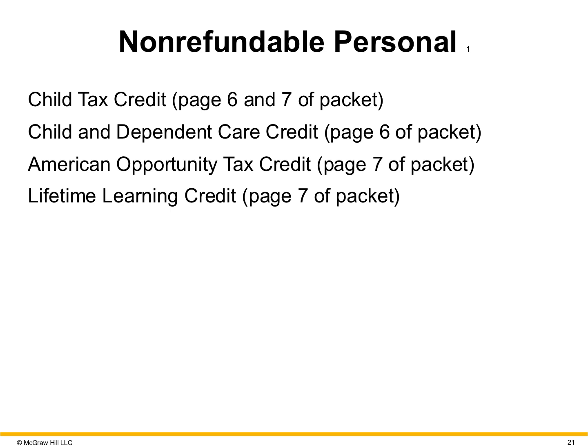The first example of a non-refundable personal credit is the child tax credit. Information for this credit can be found on page 6 and 7 of your tax rates and schedules packet. For the child tax credit, the taxpayer gets $2,200 for each qualifying child under the age of 17 at the end of the year when that child is claimed as a taxpayer's dependent.